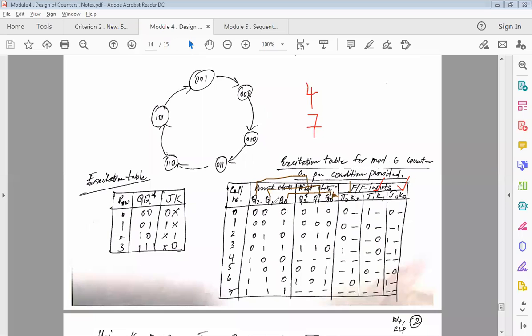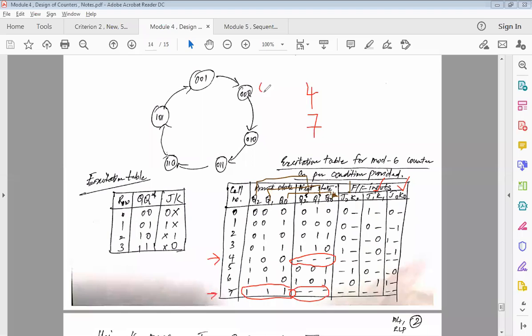So in that case, what shall we do? Here I have 4, but my next state is not available. So what will I do? I will use a don't care. Which means I am telling, even if there is 4, don't worry. Don't consider that state, just leave it. There is no next state at all for 4. Similarly for 7, it's a don't care. So 7 will not have anything and 4 will not have anything, because these two we do not find here. Rest all are there.